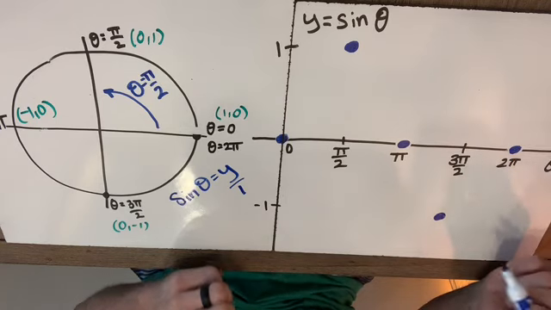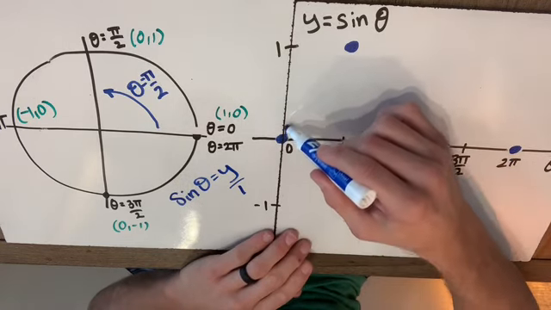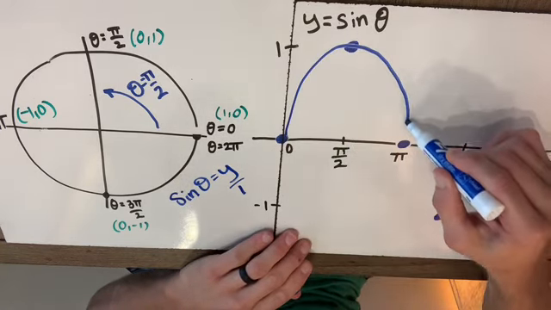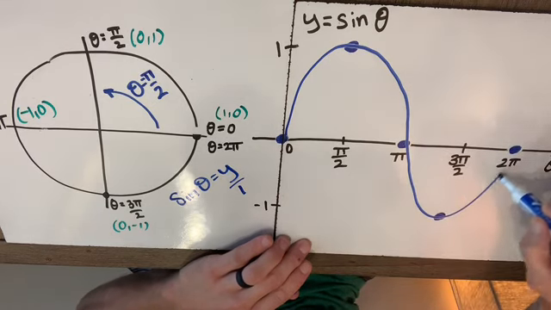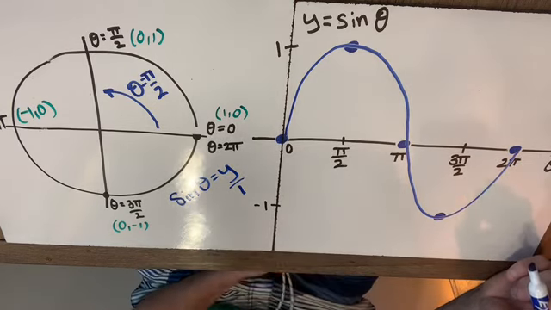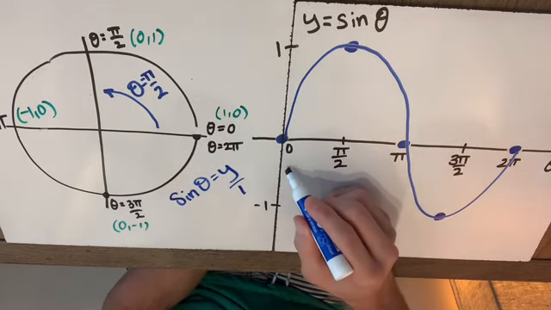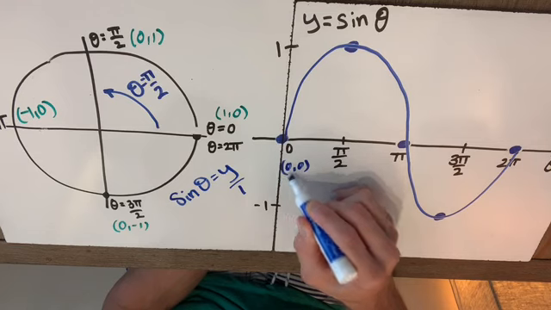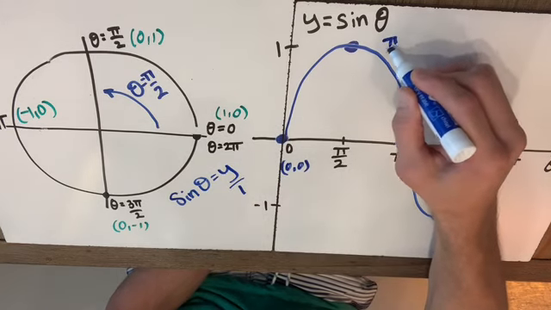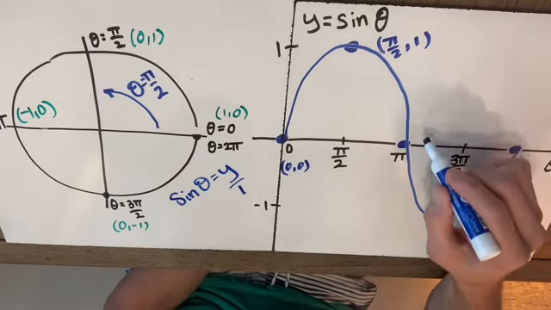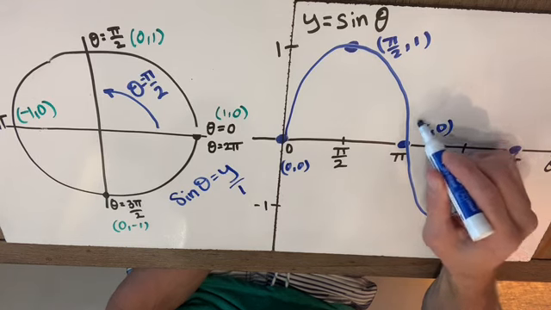So if I draw a smooth graph through these, this is the classic parent function of the sine curve. It has this point, 0, 0, and then pi over 2 comma 1, and then pi comma 0.